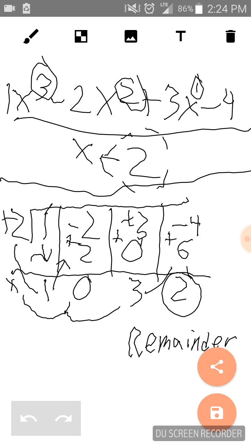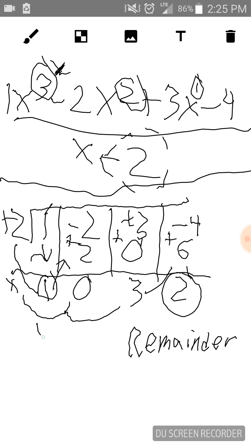Since you started off with the cube, you're going to bring it down to a square. So the 1 will become x squared.